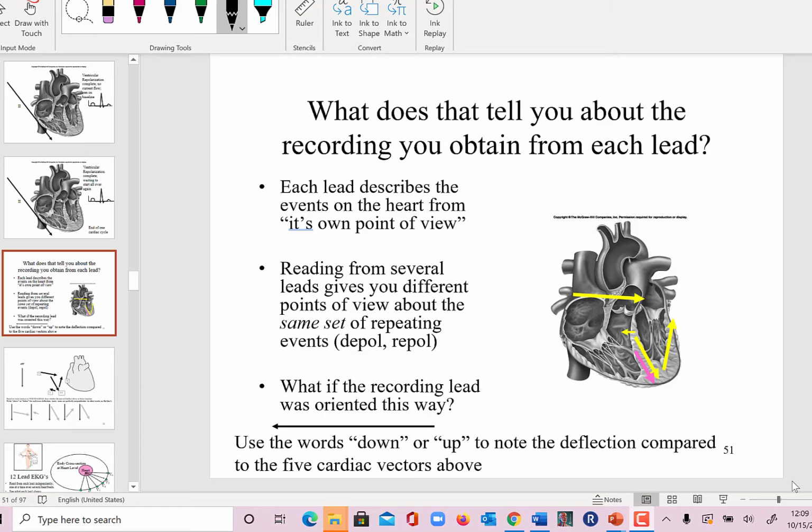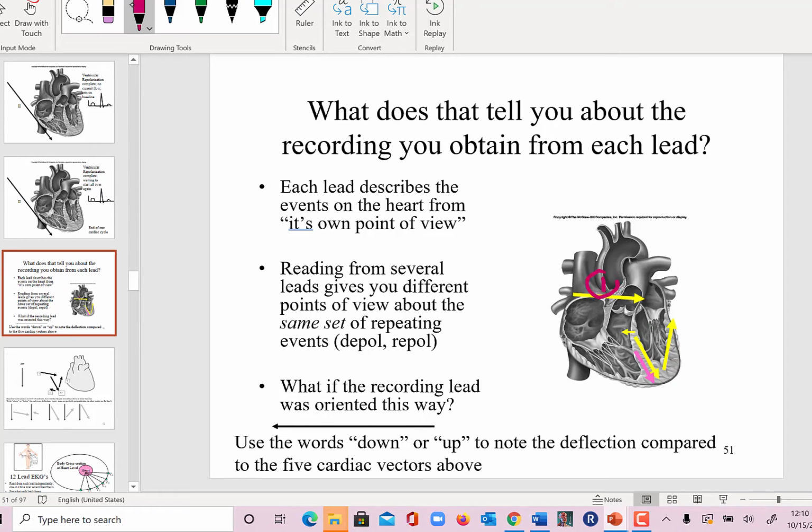We just went through how to use lead number 2 as our recording lead. And that means we were using it as our reference, and lead 2, of course, points down and to the left. We then compared the 5 cardiac vectors to lead number 2. The 5 cardiac vectors are shown here on this picture.